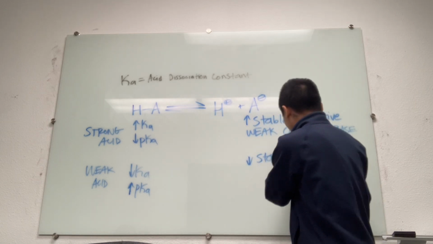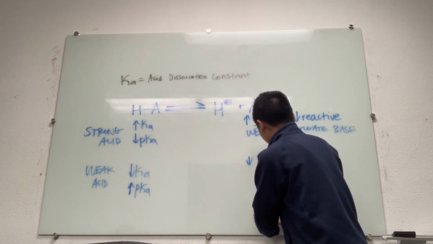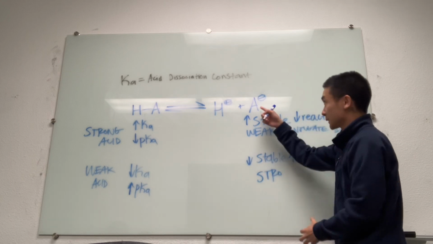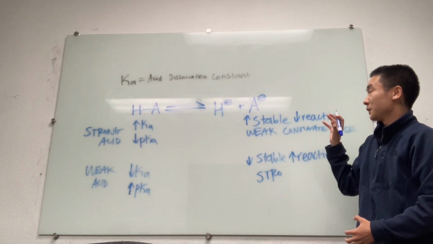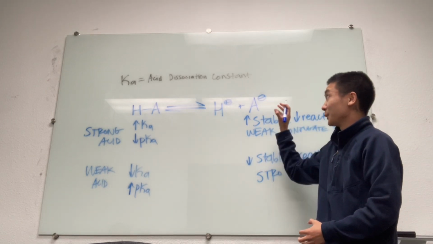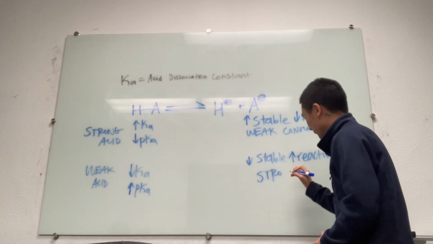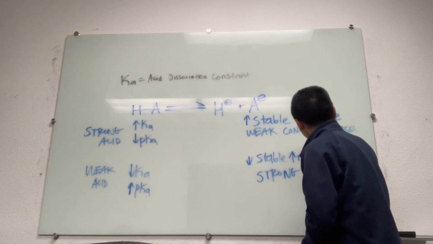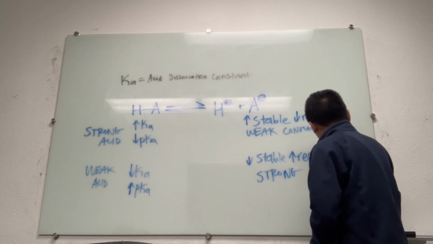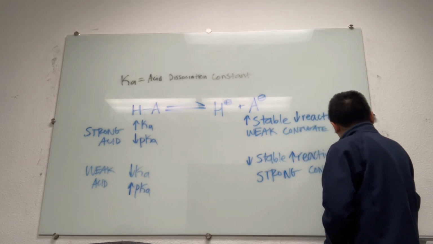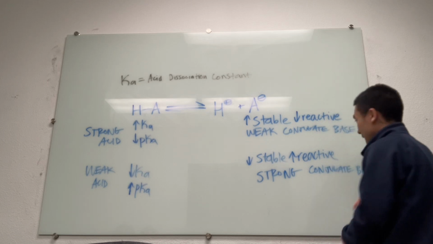So if that's the case, then this is a strong conjugate base, right? It's a strong conjugate base because it's angry. It wants to pick up a proton and go back to its original form, the acidic form. Right? Strong conjugate base.